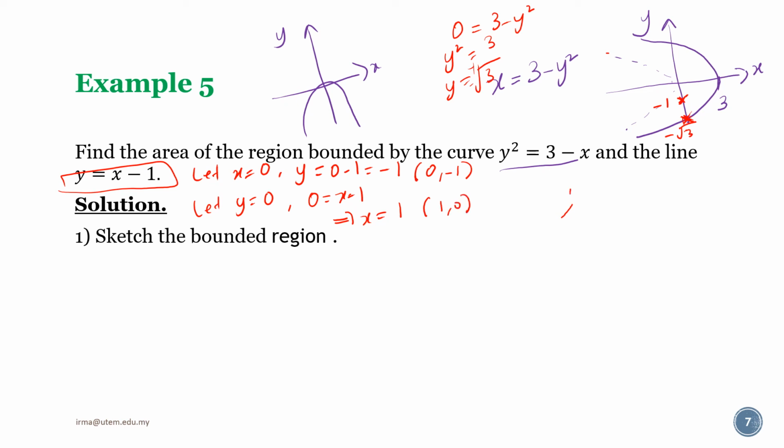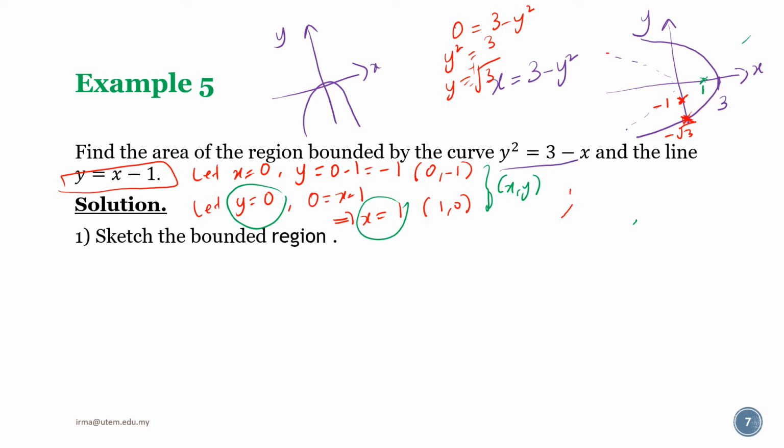Why 1, 0? Because we have x equal to 1, y equal to 0, so you need to read it as x, y. So where is 1, 0? This one. This is 1.